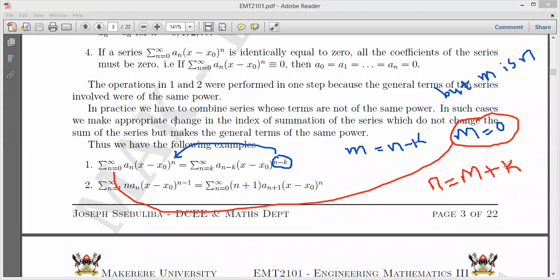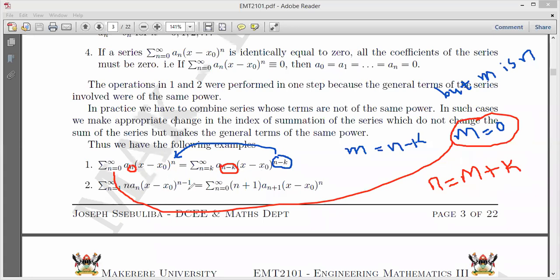In this case, since we have n minus k, this whole thing simply becomes m, which is actually n, which is this one here. In this case, making n the subject doesn't benefit us a lot, but we will see a scenario where this one also works. So if you do that, you can start from here and you end up there. That is that first scenario.